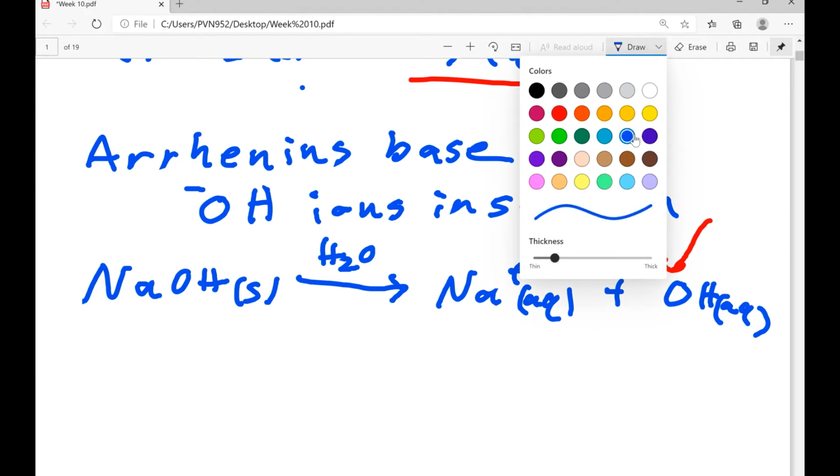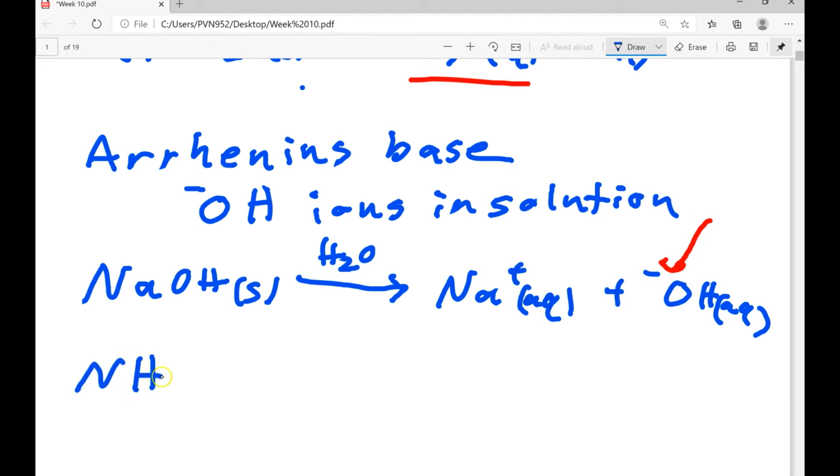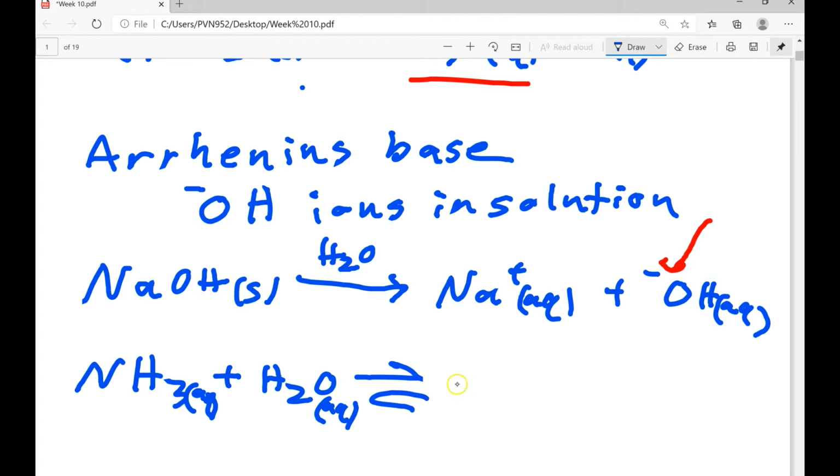Another example of an Arrhenius base is something like ammonia. So NH3 plus H2O. What happens here is that in solution, the ammonia will actually pick up a proton from the water, so it generates NH4+ aqueous plus OH- aqueous.